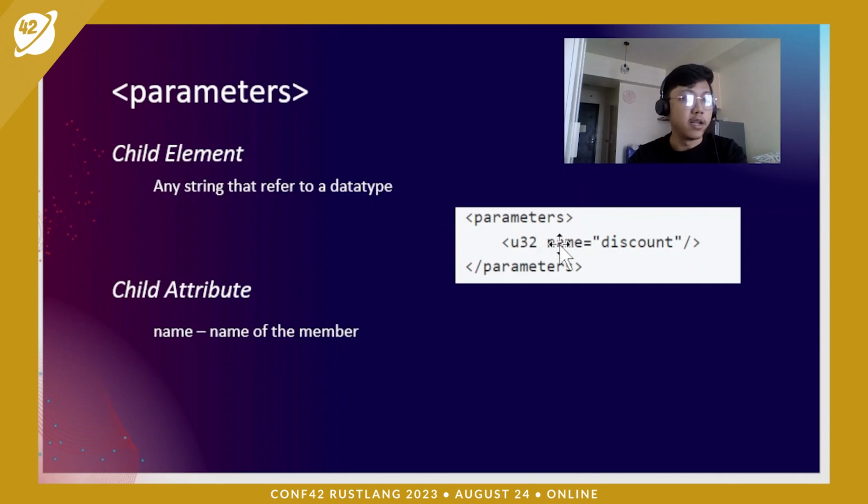Like members, we can define the parameters with string, or data type U32 for this example, and any string that refers to a data type. Also, we have the child attribute name. This only refers to the name of our argument or member or parameter, actually.